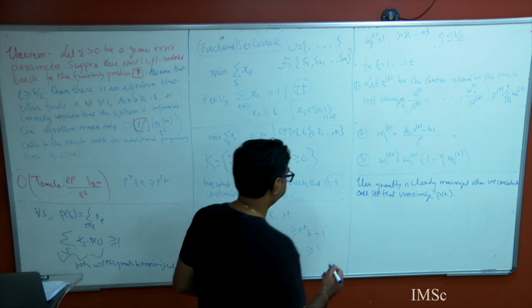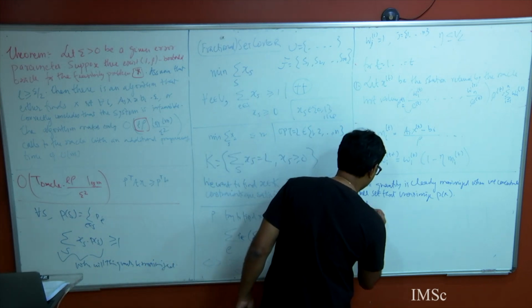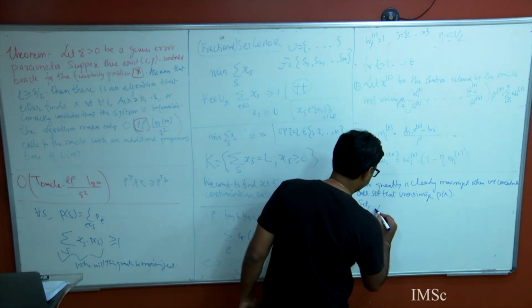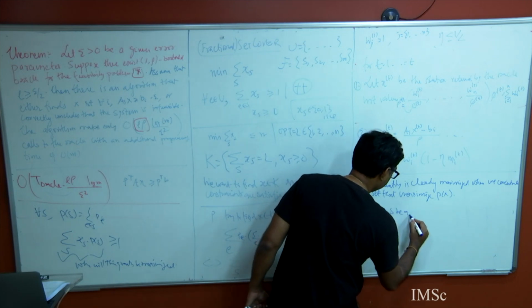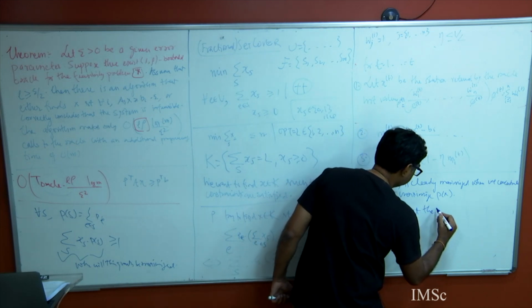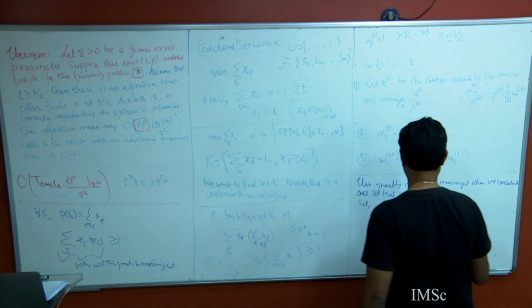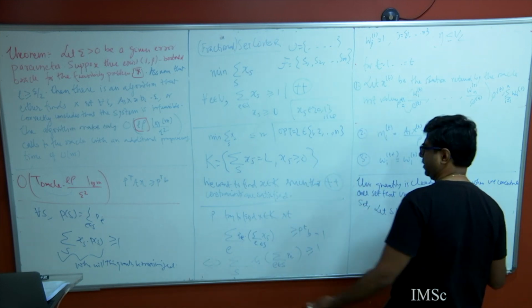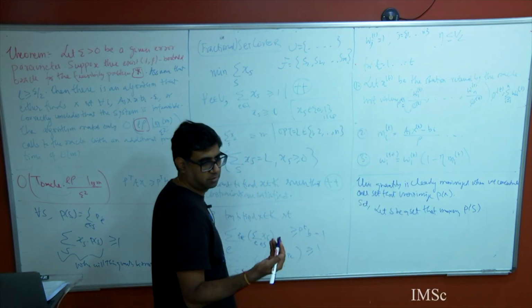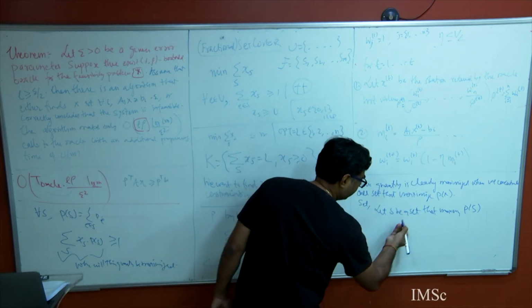Okay, now we will set the following. Let S be a set that maximizes P of S. There could be many sets for which P of S is maximum. Just choose one set. Okay, let S be a set.